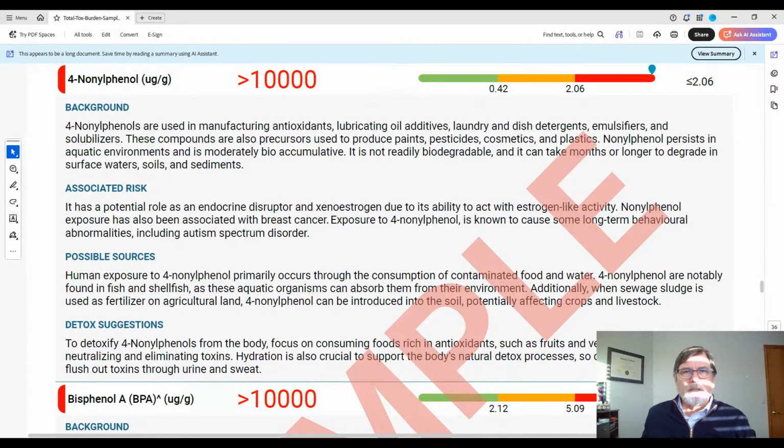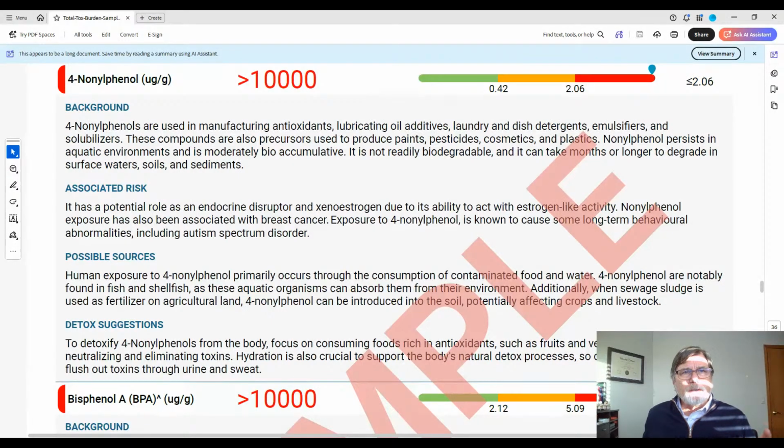So they may have these exposures, but when you look at this and they go, no, I don't have any of that stuff, it's probably because they have inefficient detoxification pathways. So we need to think about how we're going to manage toxicity. And we talked about that extensively in other lectures.